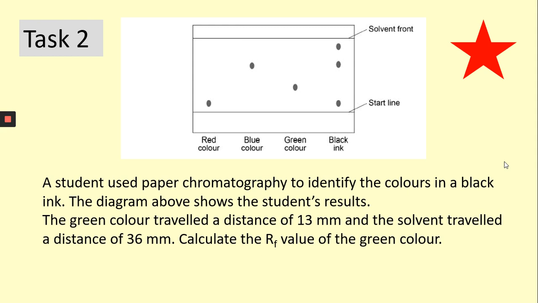Again, pause the video, have a go at this problem. Make sure you are writing down your calculations. You tend to get marks for actually writing down your calculations in pretty much most of any equations you're going to use in science. So always write down your calculations.